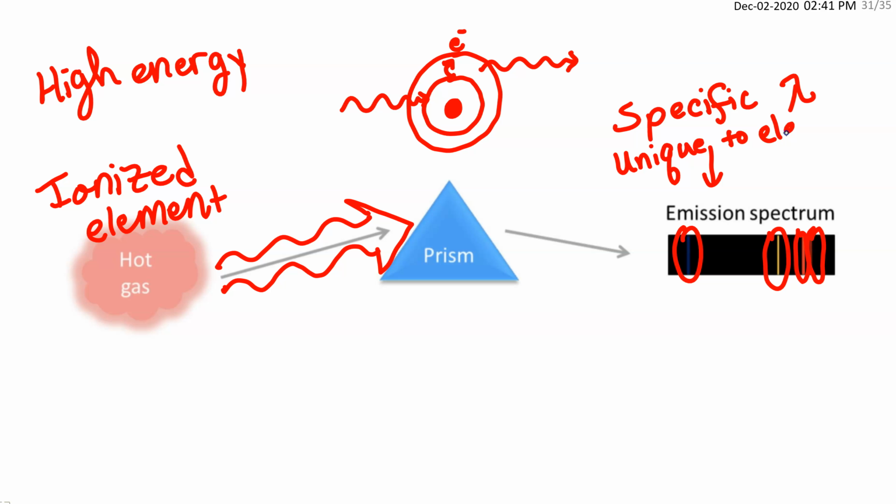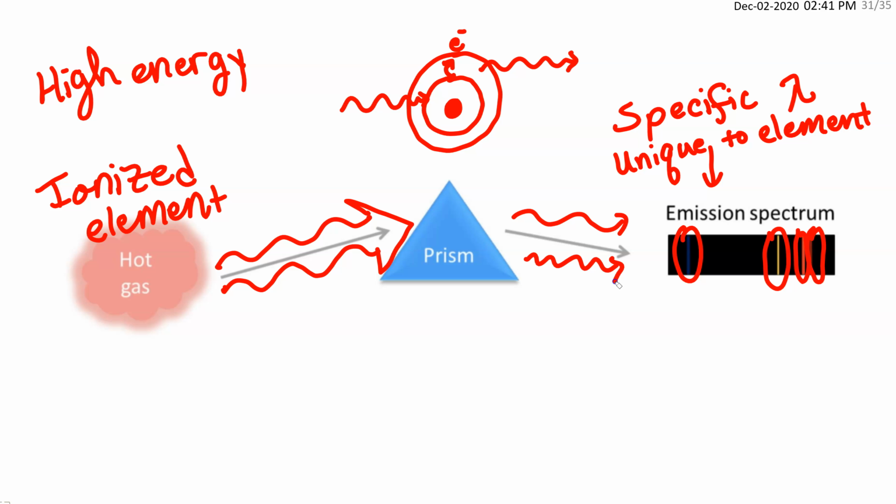We're going to deal with just elements. I mean, you can get an emission spectra for molecules, but we're only going to deal with emission spectra specifically for elements. So you have this hot ionized gas that passes through some sort of prism, and out pops those separate individual wavelengths again, but they are unique wavelengths to the element. Not every element gives off 500 nanometers or 650 nanometers.